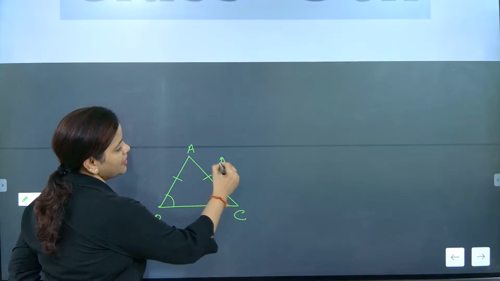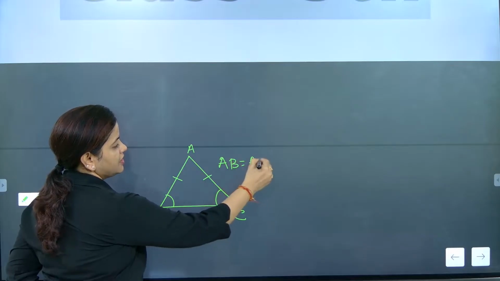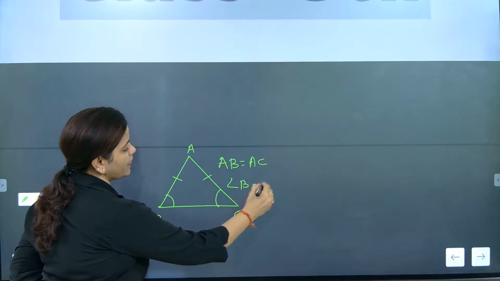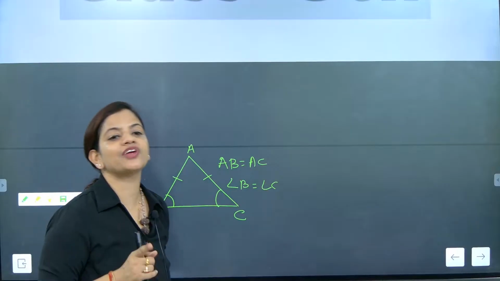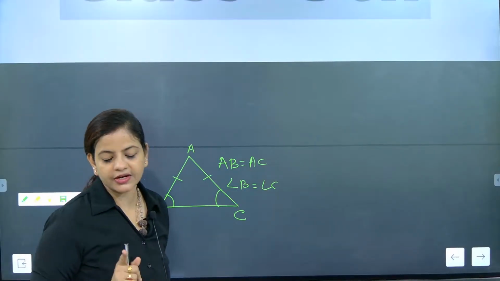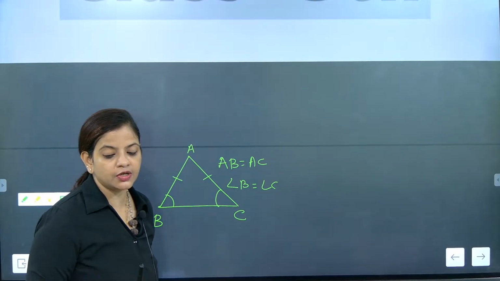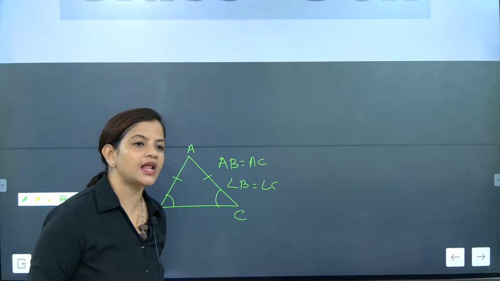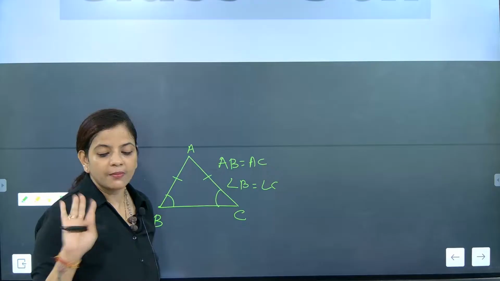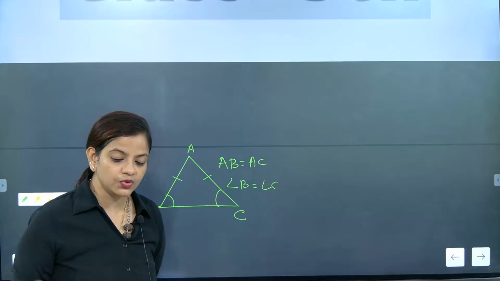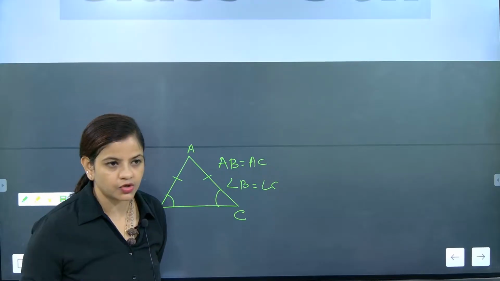So now if AB is equal to AC, then angle B will be equal to angle C. Means angles opposite to equal sides of a triangle are equal. This is one criterion. That is another theorem we have to prove. But we are not proving it here because we will use it at the time when we are doing congruency.